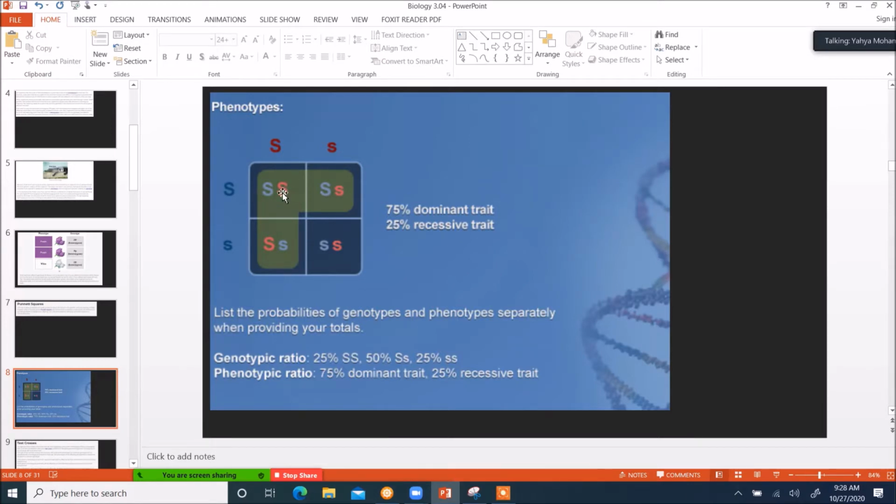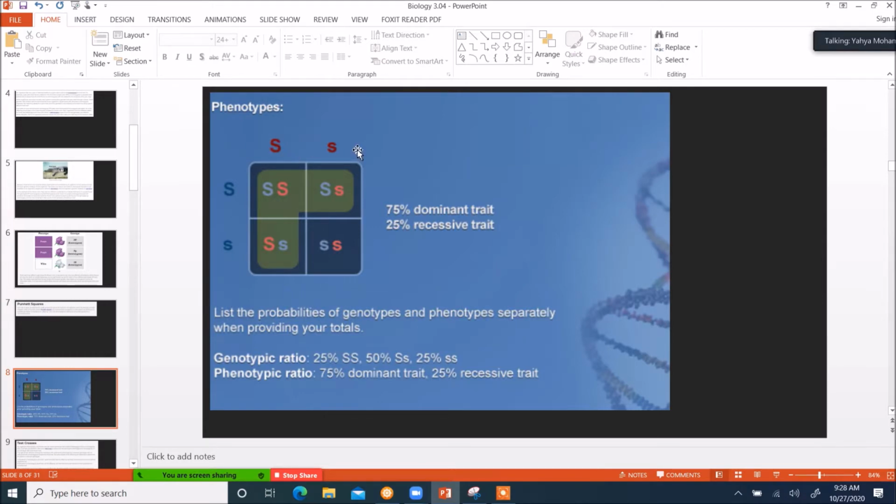Notice each of these squares. What's happening in each of these squares is that each parent is only giving one of its alleles to each square. For example, during meiosis, gametes are formed, and each gamete randomly gets one of these two.